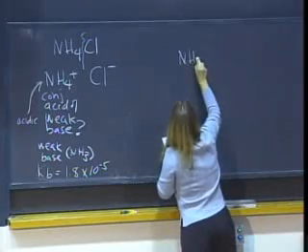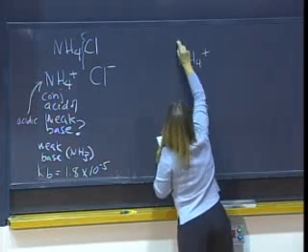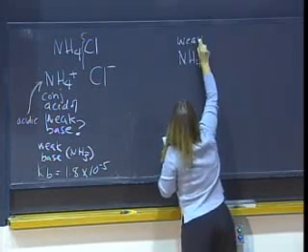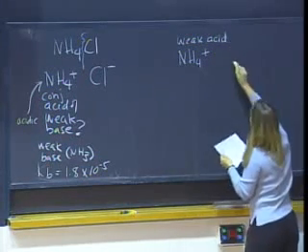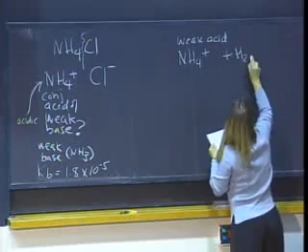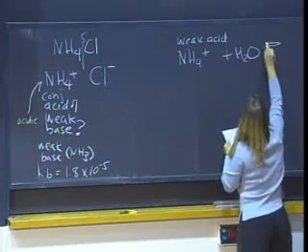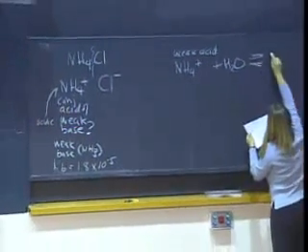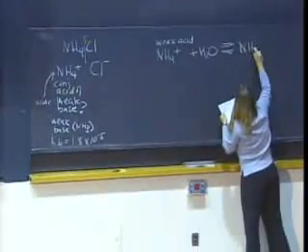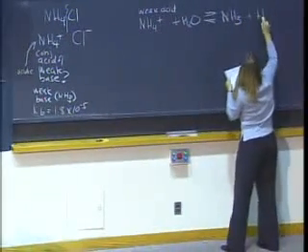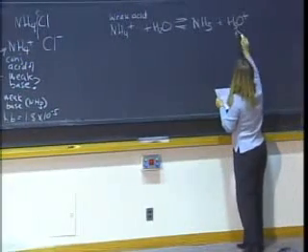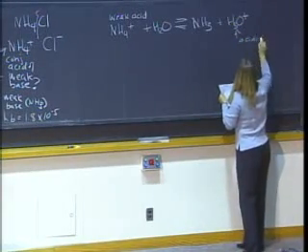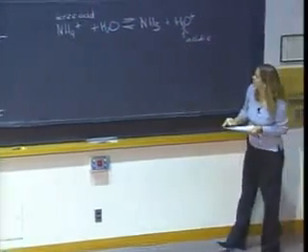If we have NH4 plus, and that's got to be a weak acid because its conjugate is a weak base, and we put the weak acid in water, we should get the conjugate base back plus hydronium ion. And the presence of the hydronium ion is going to make that acidic.